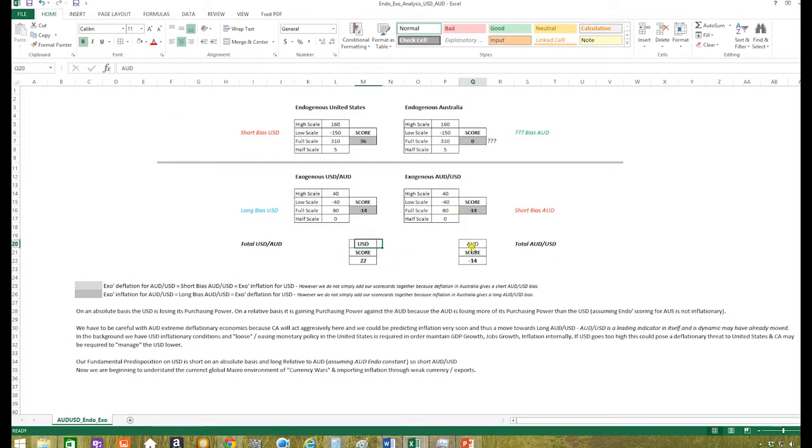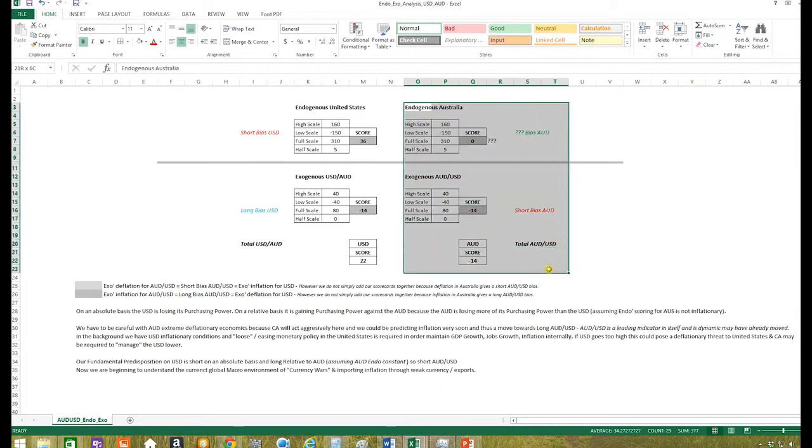The Australian economy is giving us a negative score, so contributing deflationary overall, so endogenous plus exogenous.